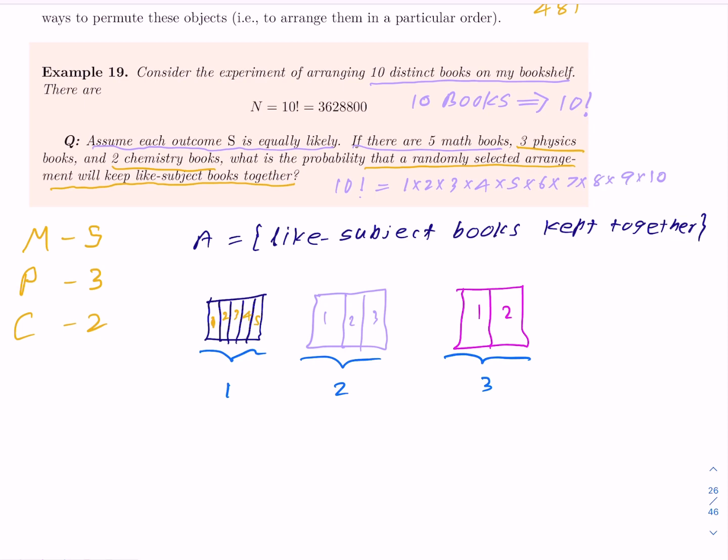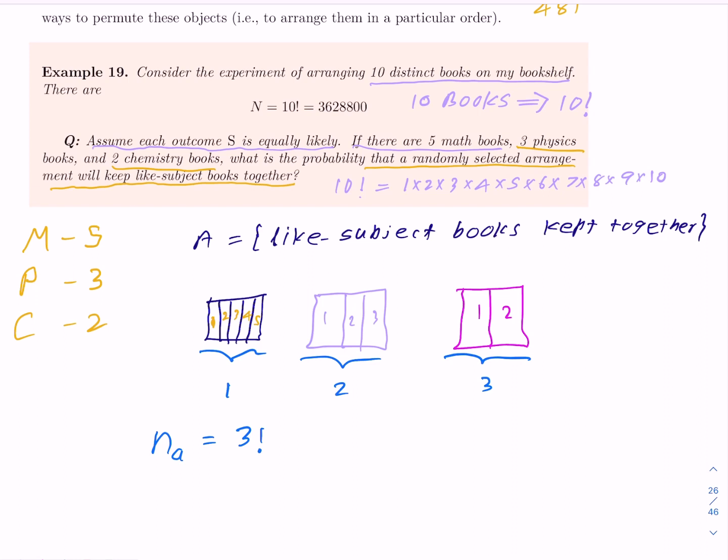We have three, therefore 3 factorial ways. So I am going to find the number of elements of A: that is 3 factorial, because there are 3 bundles.